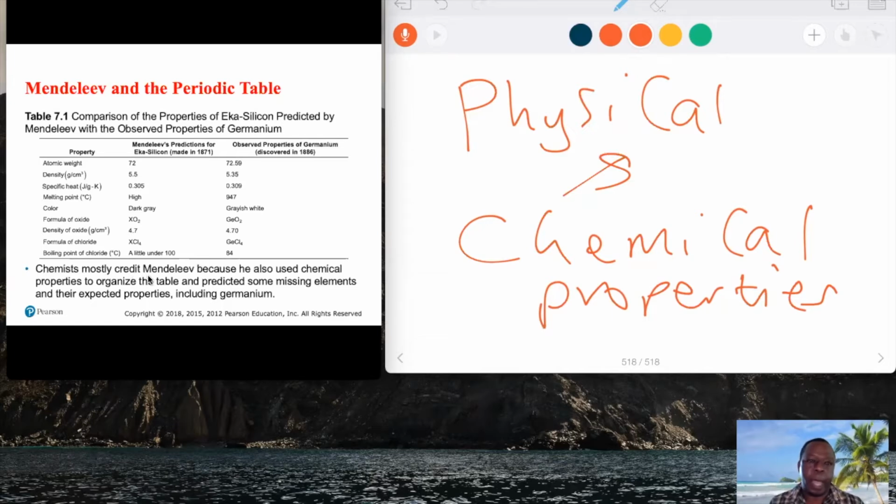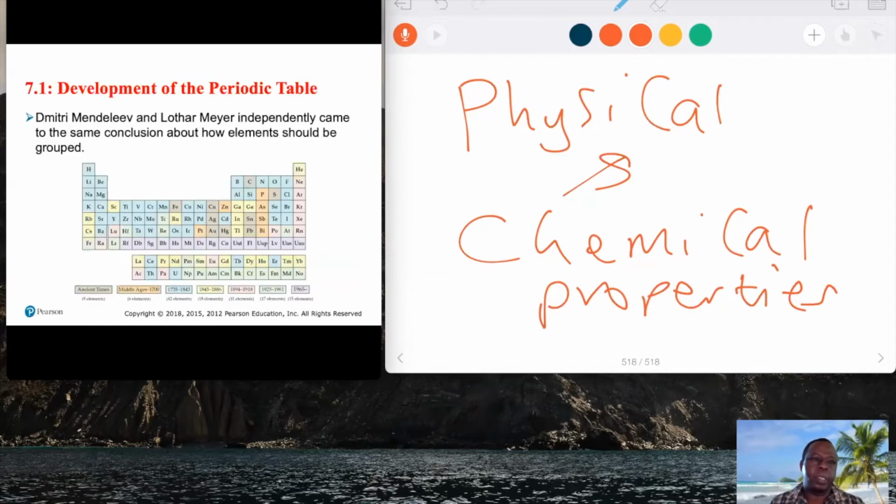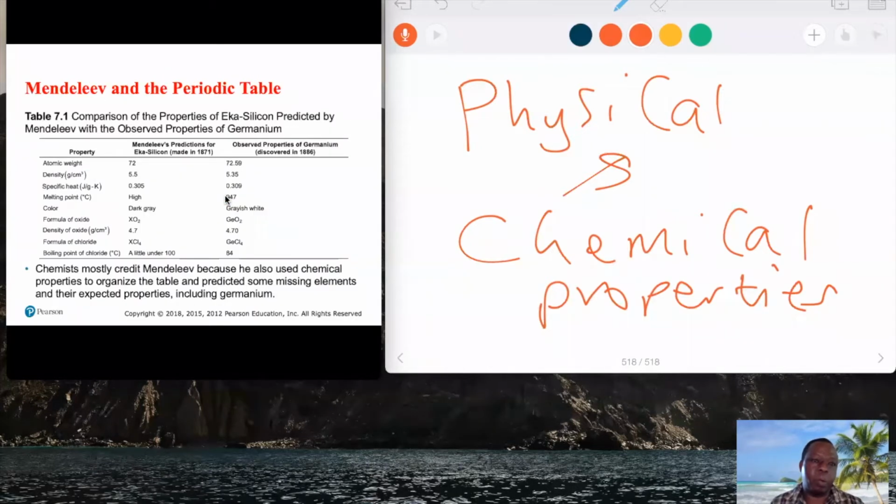The German guy here, Lothar Meyer, also arrived at the same conclusion almost the same time, but Mendeleev is given credit because of this prediction, that he was able to predict those yet undiscovered elements, and two only elements, germanium and gallium, with their properties.